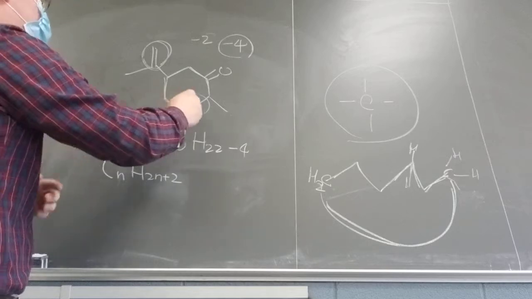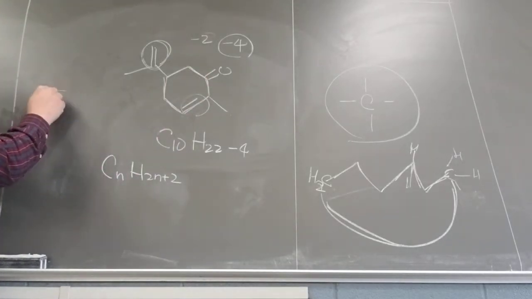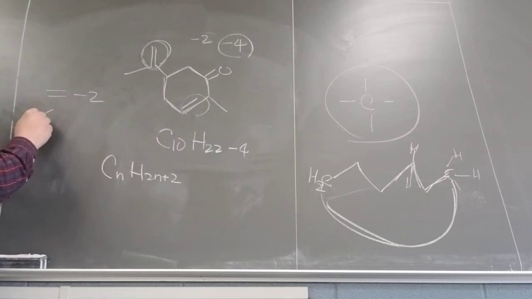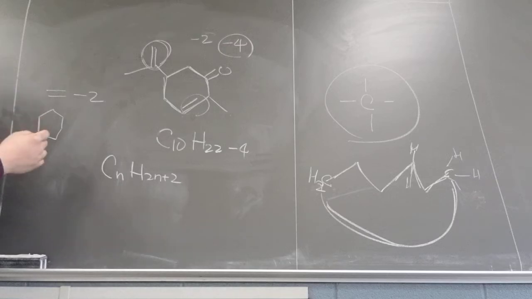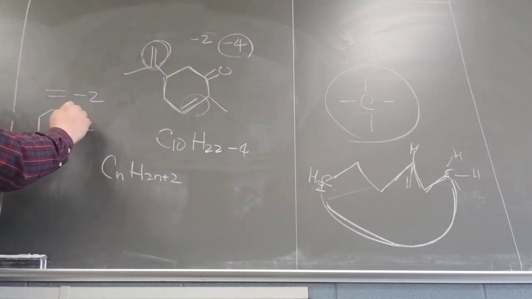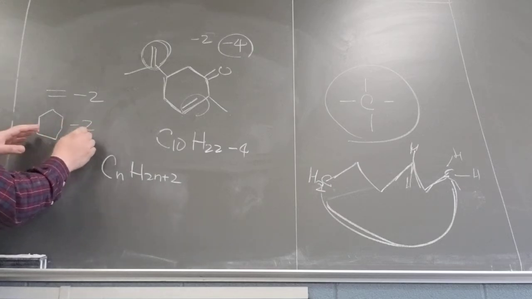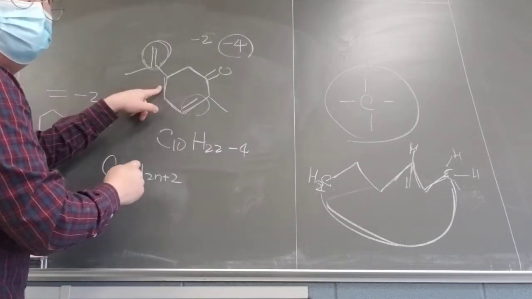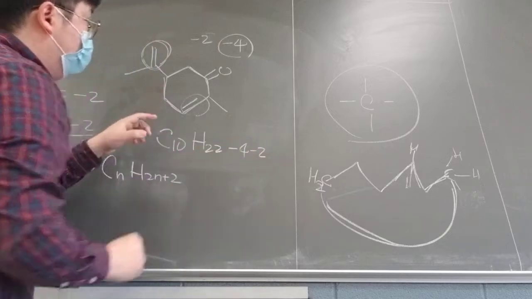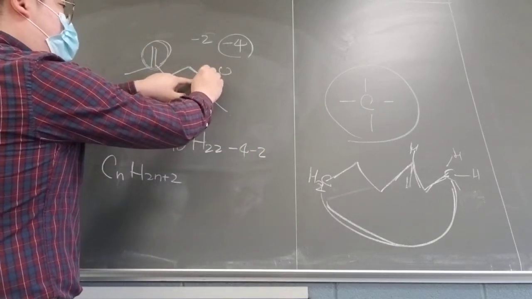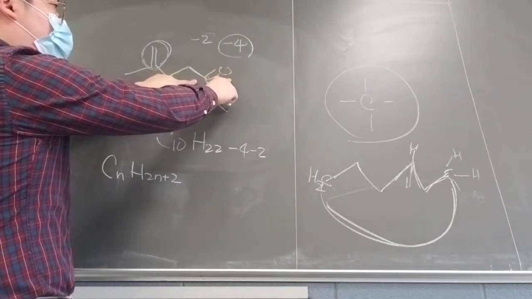So if you see the double bonds, do -2. If you also see a ring structure, it doesn't matter what kind of ring structure, we call this actually cyclohexane, but anyway, do -2. So we have one ring structure, also a -2. And also you have a double bond from this carbon to the oxygen, meaning what?